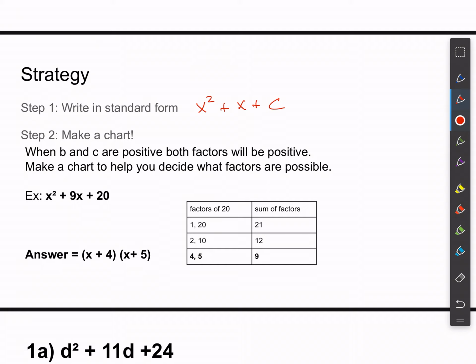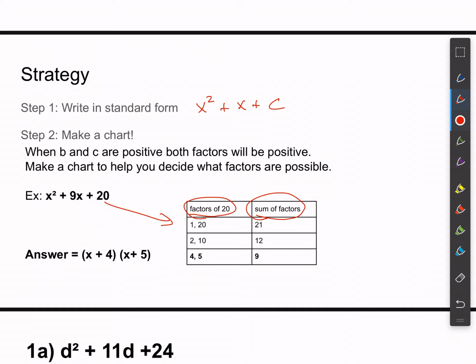You don't have to do this, but it is a good idea when you're first starting to learn this. The chart should give you factors of the last term and then sums of the 2 factors to figure out the middle guy.